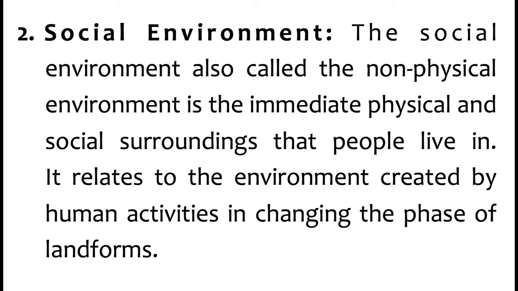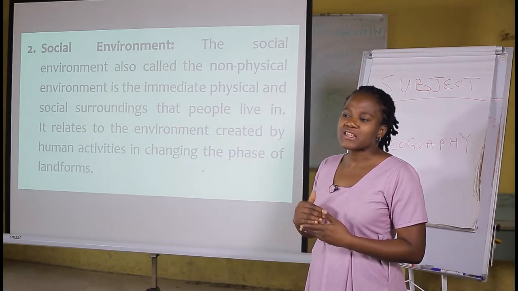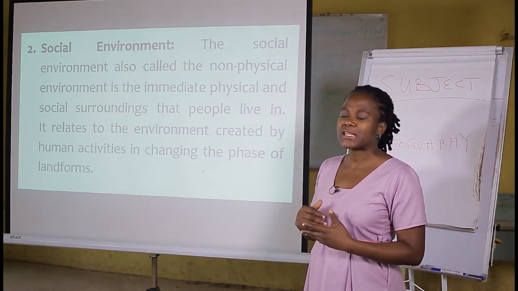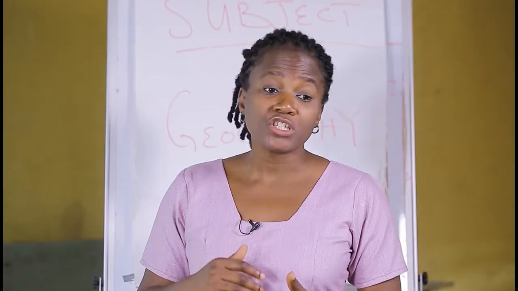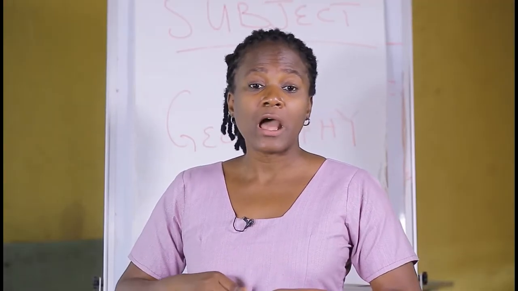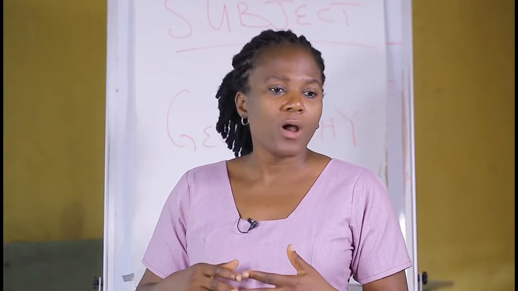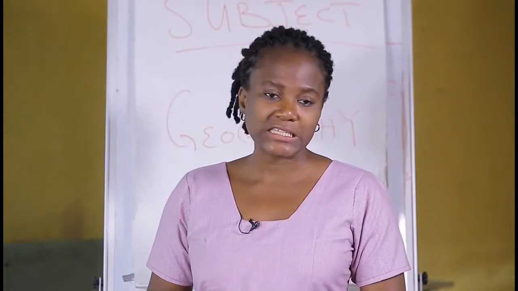It relates to the environment created by human activities in changing the face of landforms. So the activities that humans participate in that affect the landforms. Such activities include agriculture, our going to schools, religious activities.